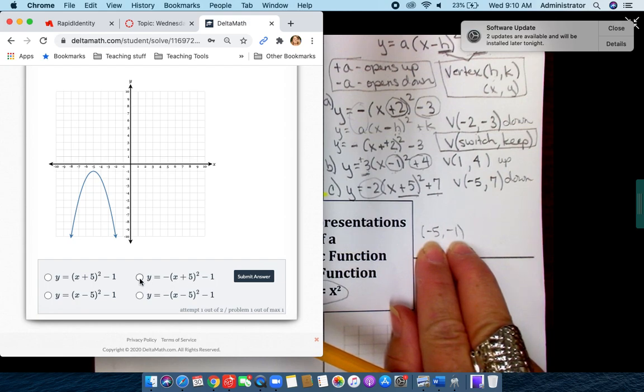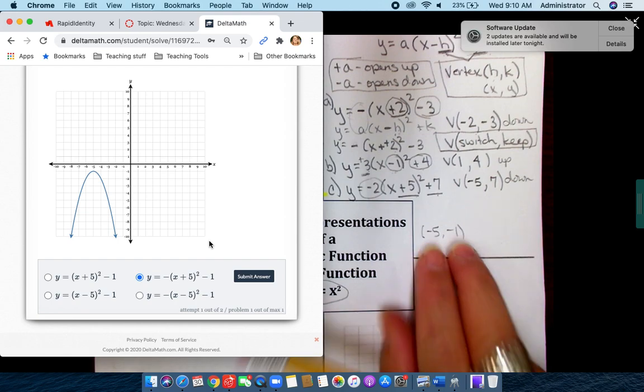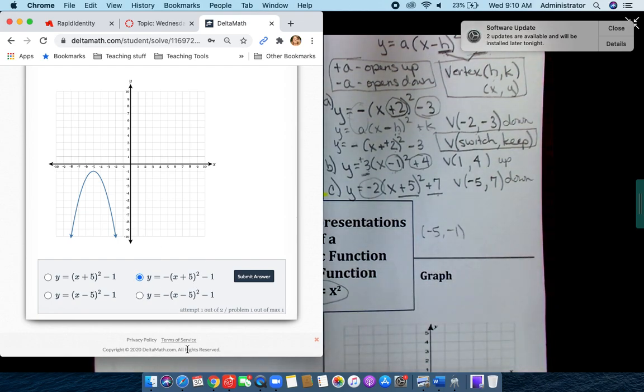So this would be the correct response. That's one way to do it. I'm also going to show you that if you wanted to, you could, I know it's one of these two because it opens down. Let me switch, keep my vertex and see if it matches this vertex. So I could do -5, -1. Does that match? -5, -1. Yes, it does. Okay? So that's another way you can look at it.